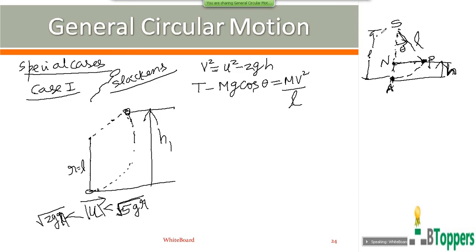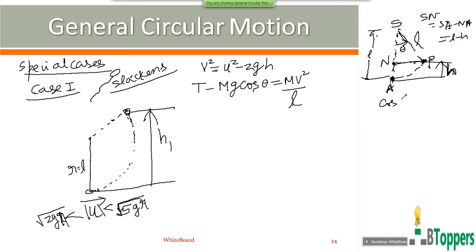So distance from S to N is S to A minus N to A, that is L minus h.